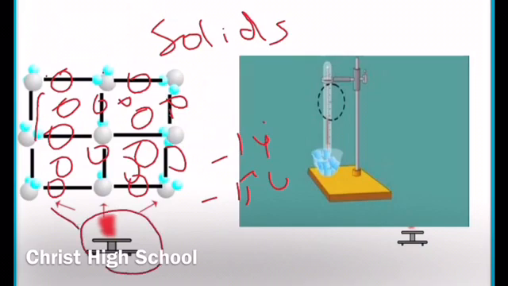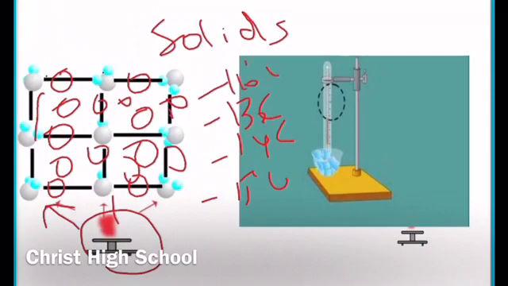From the burner, the ice particles are getting heat energy. We studied in the previous session that temperature is directly proportional to kinetic energy. So as we continually heat, the temperature of the particles goes from minus 15, minus 14, minus 13, minus 12.